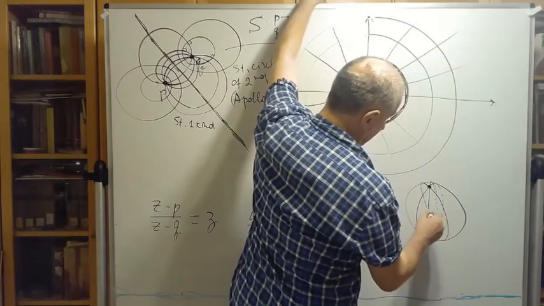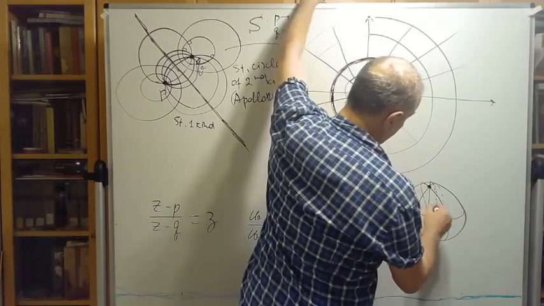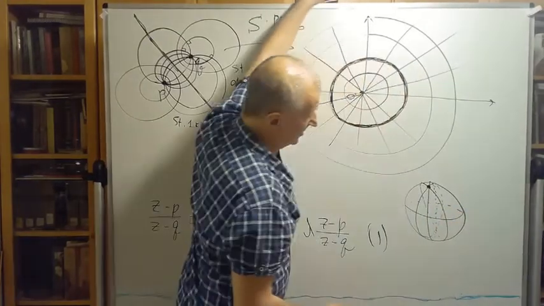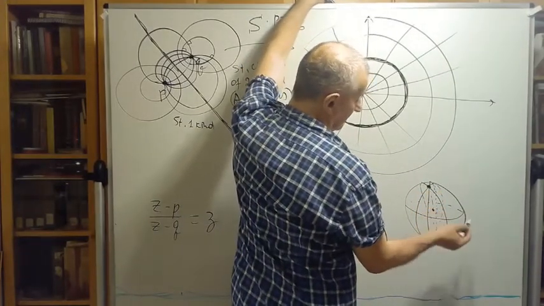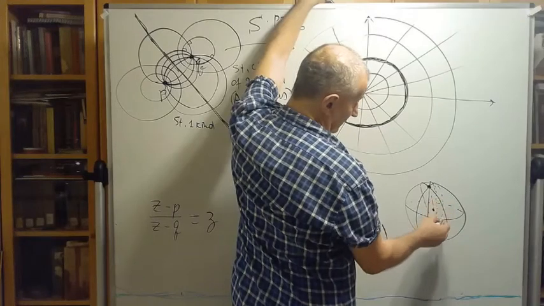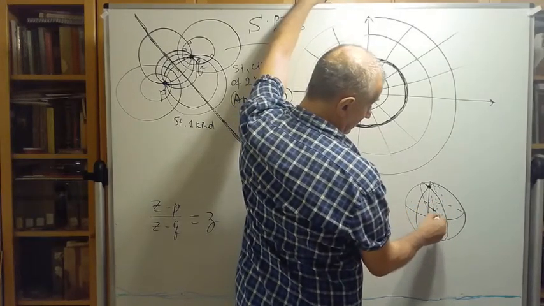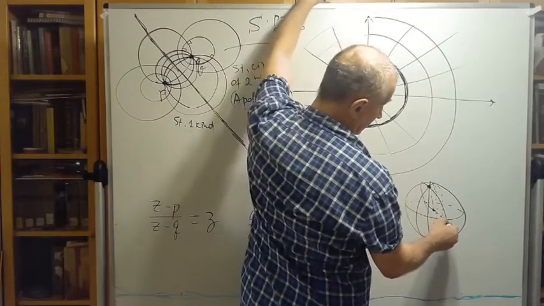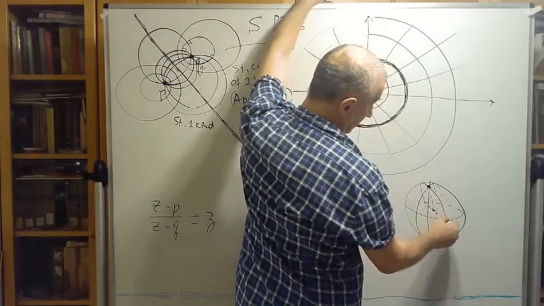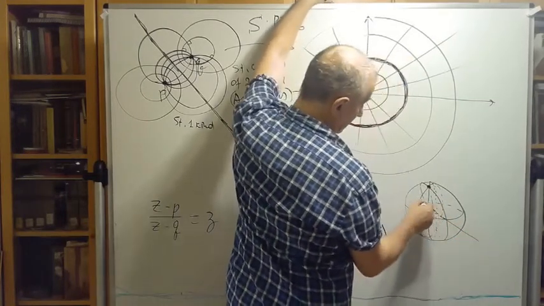And of course, when we perform the stereographic projection onto the complex plane, yes, the stereographic projections of the points lying on these lines will be the straight lines.